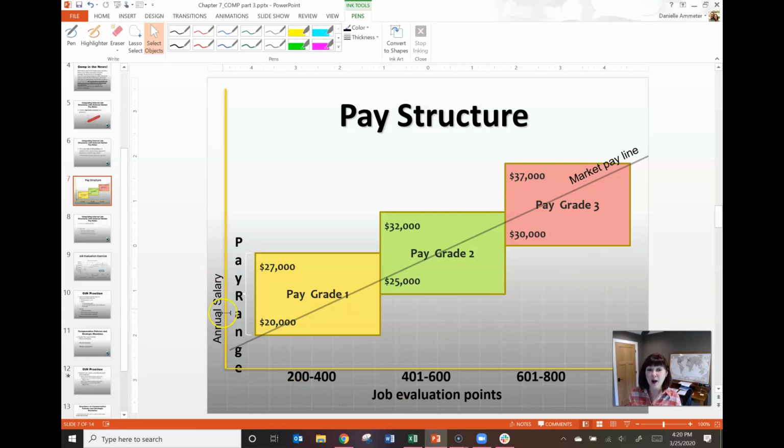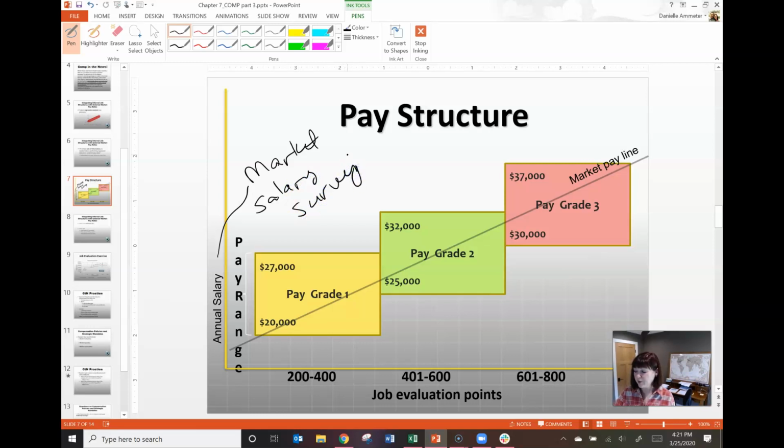Then on the y-axis here we have salary. What we looked at before was internal, but now we want to know what the market is paying. So this is going to be from our salary survey.